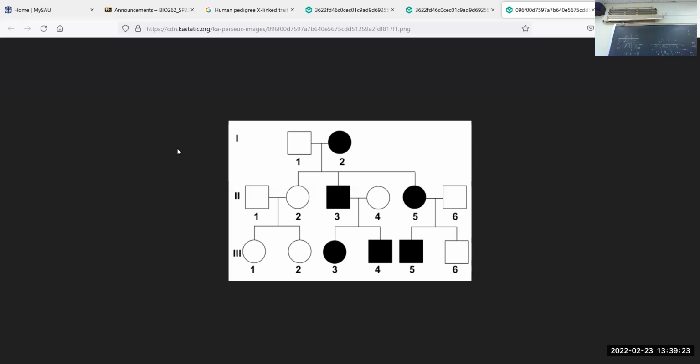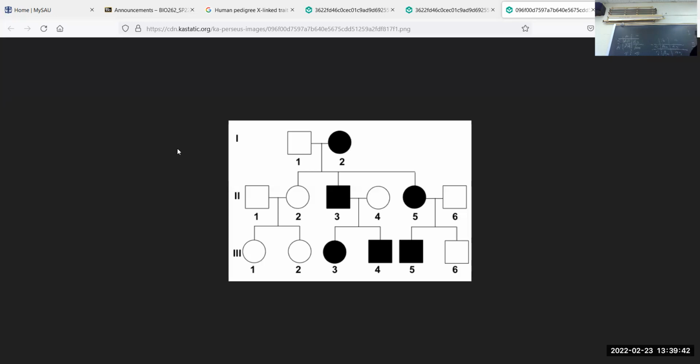So then this individual has to be a heterozygote. So does this individual. And then this person is unaffected. These people are unaffected. So all of their progeny then will be unaffected.